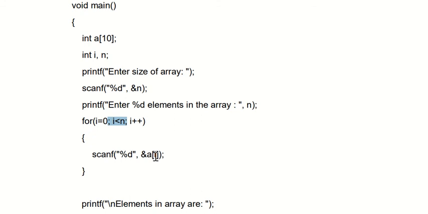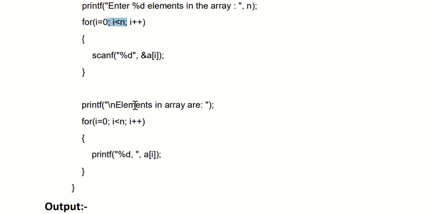Now it's time to print these values. So again we require one more for loop for printing purpose, which means in this program there are two for loops, one for taking the values from user and one to print on your output screen.